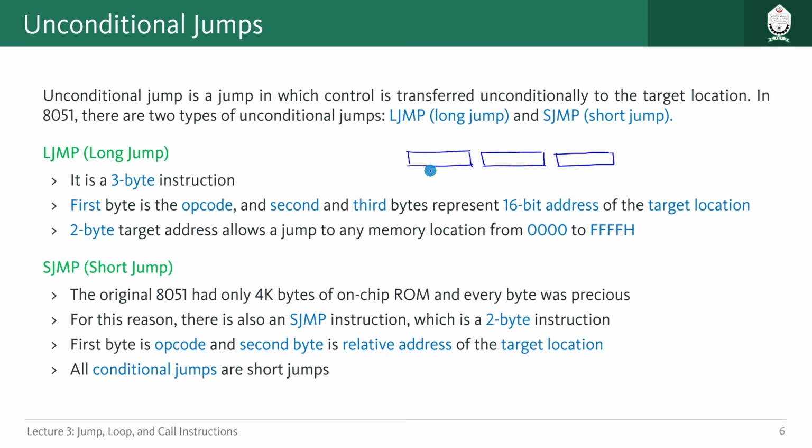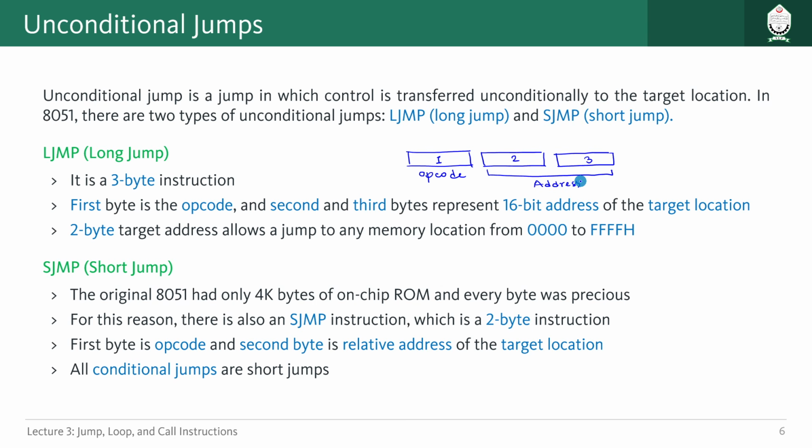The first one will be the opcode, so this is the first byte. The second and third together will represent the address, basically the ROM address.